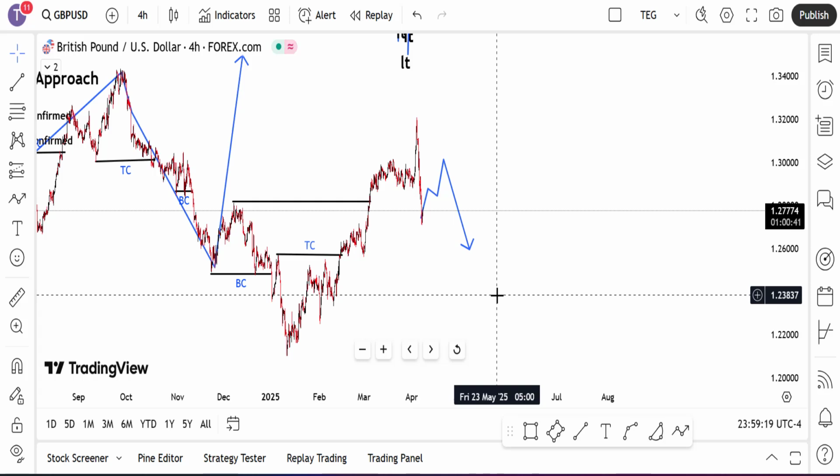For example, if you are looking for a swing low, you have to understand that you have to have intermittent swing lows on both sides to give us our long-term swing low. Similar to the bearish scenario, if you are looking for a long-term swing high in the market, you have to look for two intermittent swing highs on both sides to give us our long-term swing high in the market.